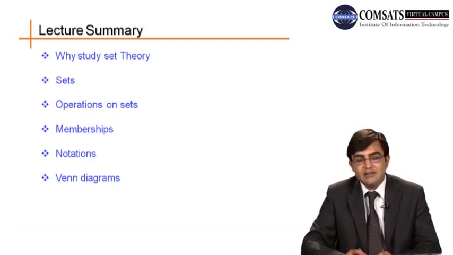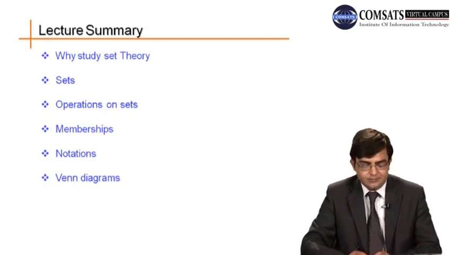We have seen also the memberships, how we denote the inclusion and the elements of sets, and we have defined also some notations in set theory. We have also studied the Venn diagrams, how to represent sets and their relations, the operations, intersection, union, complement of sets using Venn diagrams.